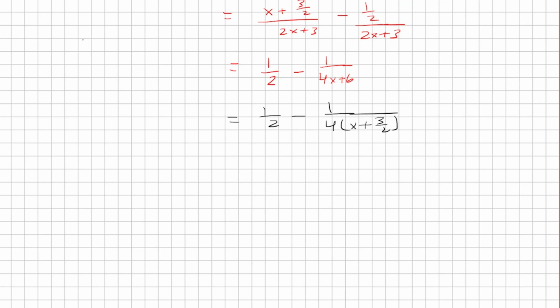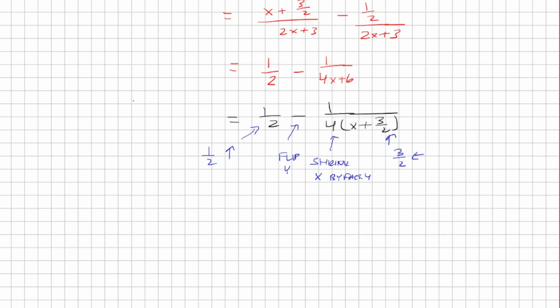Okay. So let's talk about each one of these. First, the 4 is going to shrink the x by factor of 4. The 3 halves is going to move this to the left 3 halves. The negative is flipping it across the y, and the 1/2 is moving it up by a half.